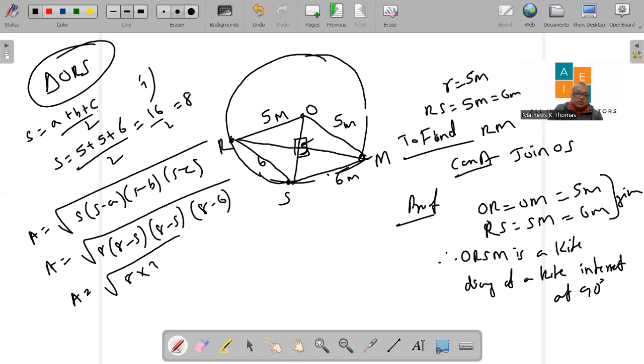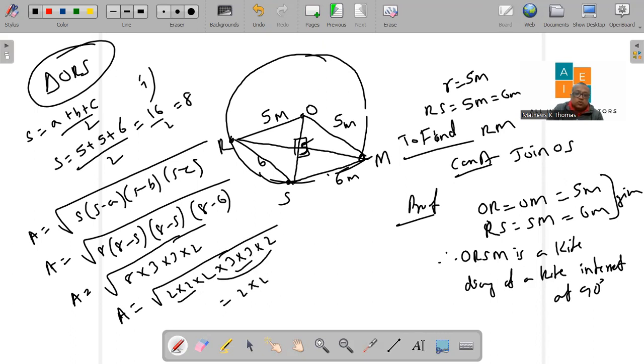We will be able to solve this and get the area of triangle ORS. This will be 8, 3, 3, 2. So area will be 2 into 2. I'm going to factorize this into 3 into 3 into 2. So this is a group: 2 into 2 into 3. So area is coming 12 meters square.